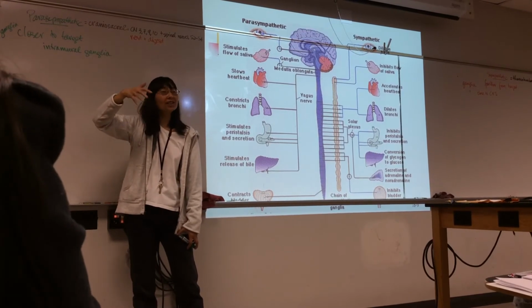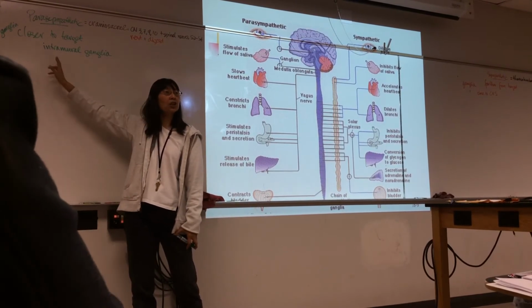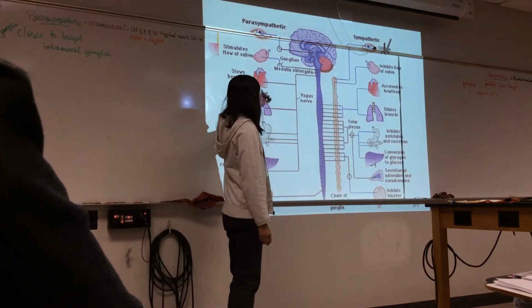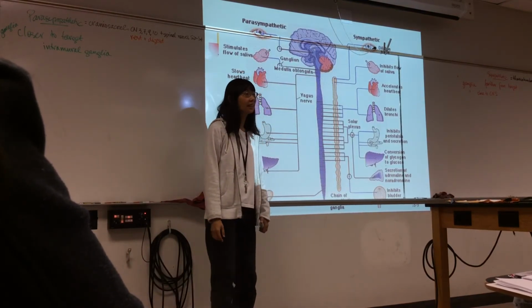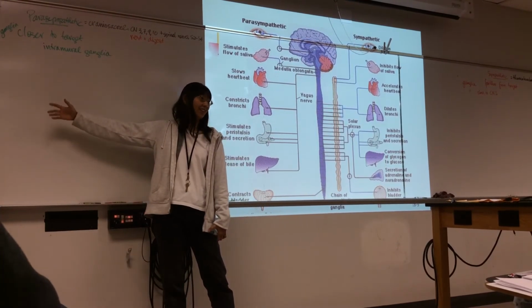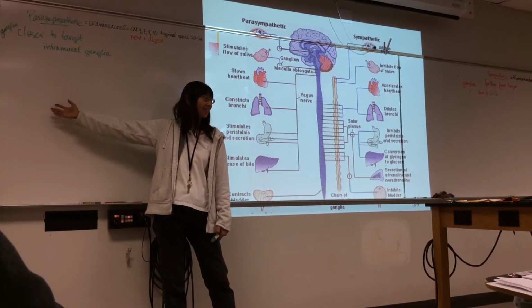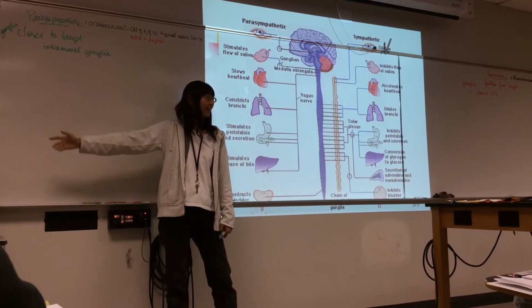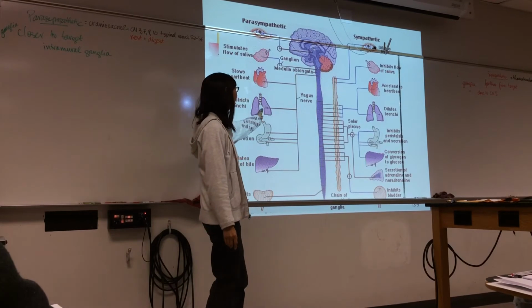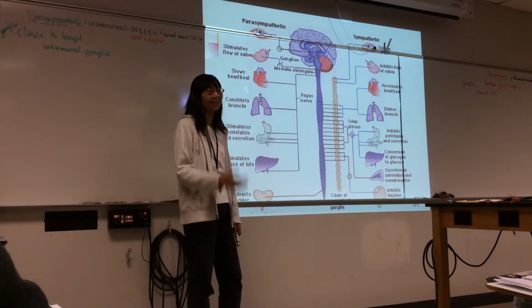In between, within, right? So within the wall of the organ, you have the ganglia. That's the name, intramural. Does that make sense? Okay. So the pre is very long, the post short.